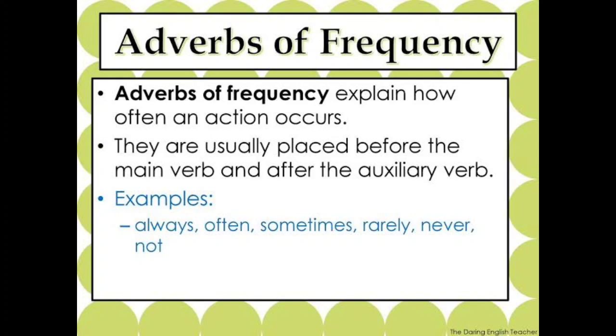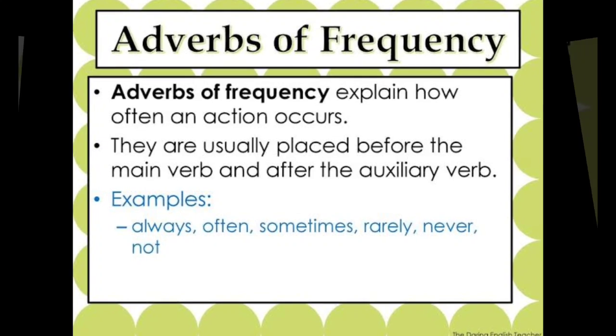They are usually placed before the main verb and after the auxiliary verb. For example, always, often, sometimes, rarely, well, ever. These are the words that show the adverb of frequency, children.